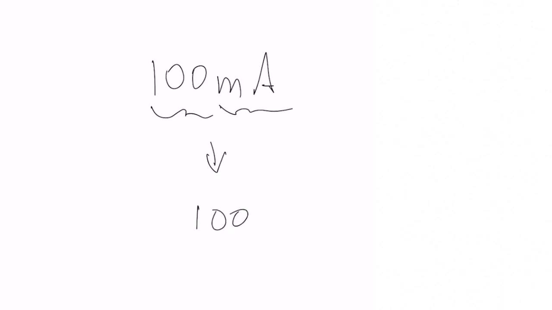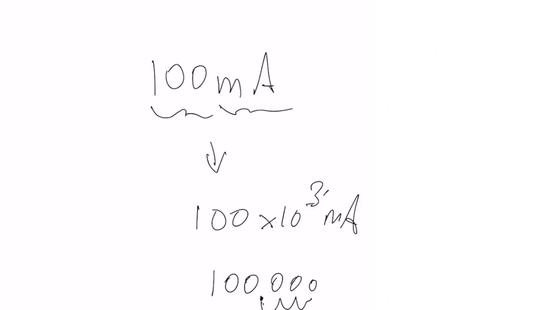I can do 100 times 10 to the third. That would be increasing that value by 3 orders of magnitude. Or another way to think about that is to move the decimal place 3 positions to the right. 1, 2, 3. Okay, both of these are doing the exact same thing. They are increasing the magnitude of the number by 3.